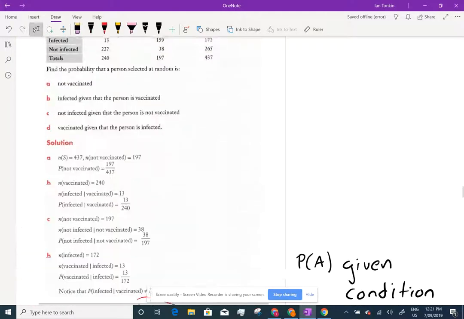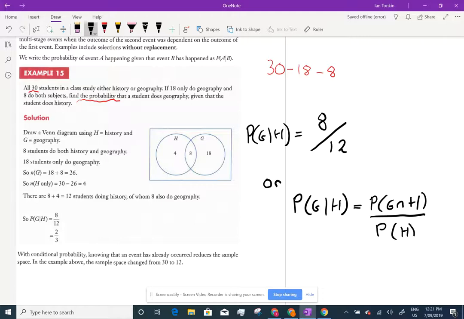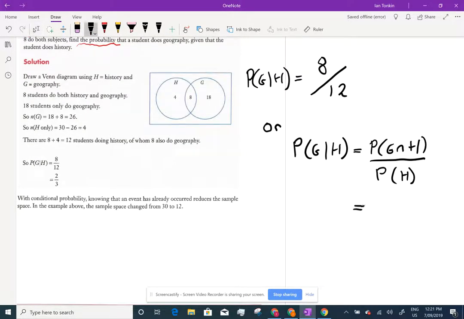So let's go back and do that one using the formula. The probability of G given H. Well, that's the probability of G and H over the probability of H. Well, let's see what happens. The chance of getting history and geography, well, that's 8, and there are 30, 8 over 30.